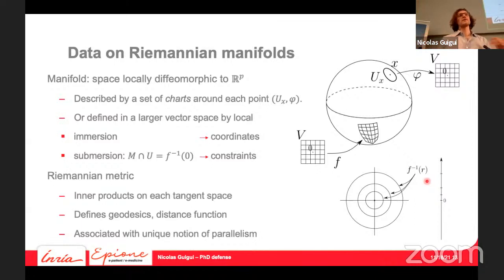The Riemannian metric is also associated with a unique notion of parallelism called the connection, which allows us to differentiate tangent vector fields so that we can compare them in small neighborhoods of the manifold. And more globally on the whole manifold, it defines parallel transport, which I will define more precisely.